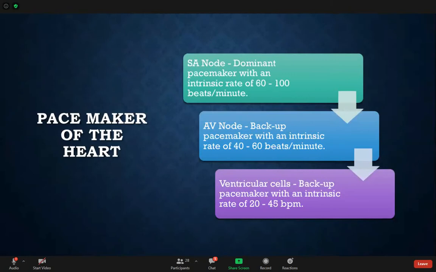Then the next is the AV node, which is the backup pacemaker of the heart, usually with an intrinsic rate of 40 to 60. Lastly, the ventricular cells with Purkinje fibers have a rate of 20 to 45.